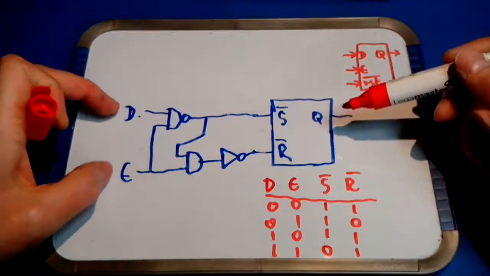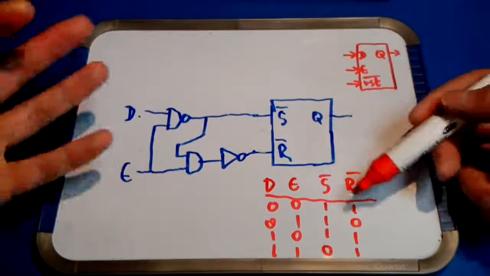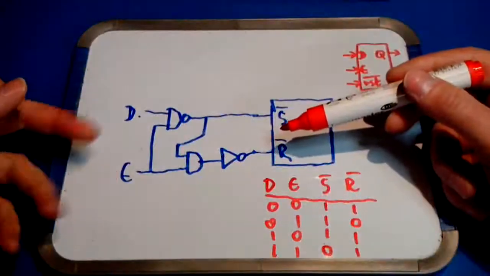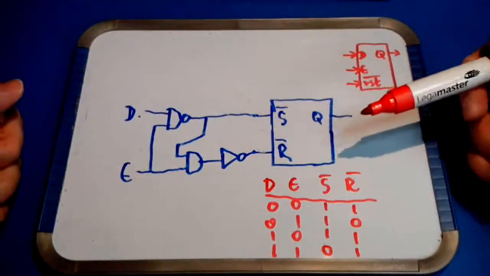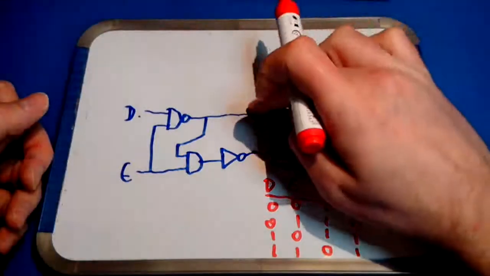So instead of simply filling in all combinations of D and E and not understanding how this works, you can also reason backwards and see what has to happen at the input in order to cause something at the output.